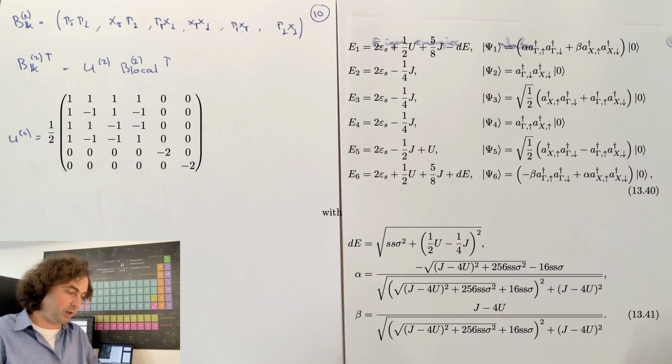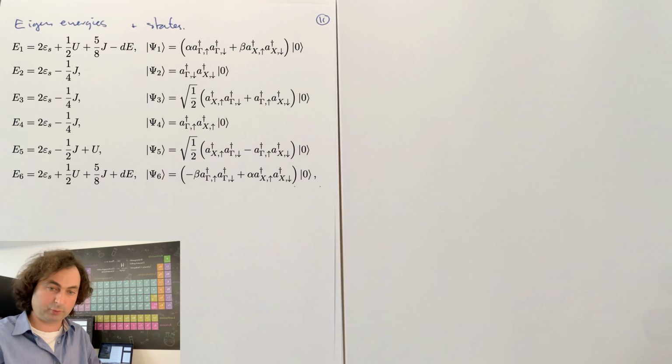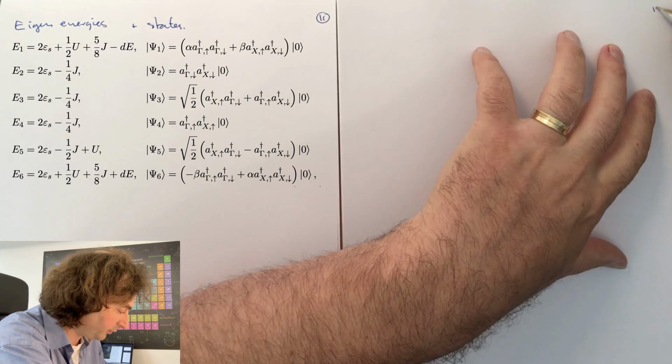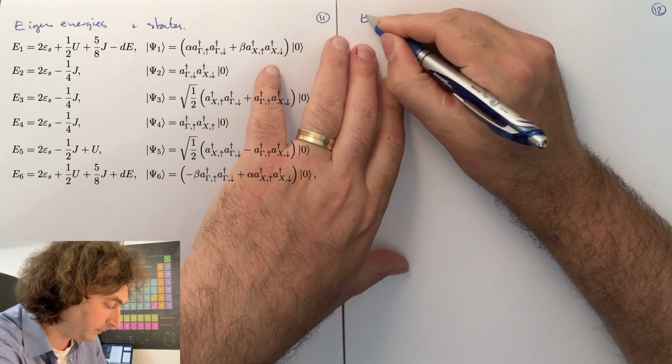Now we can have a look at how these states evolve as a function of U, and for that we can have a look at the energy level diagram.